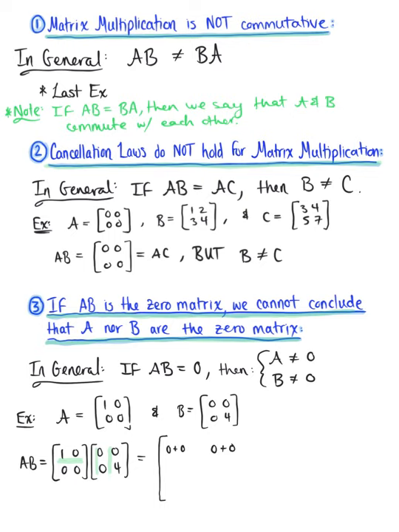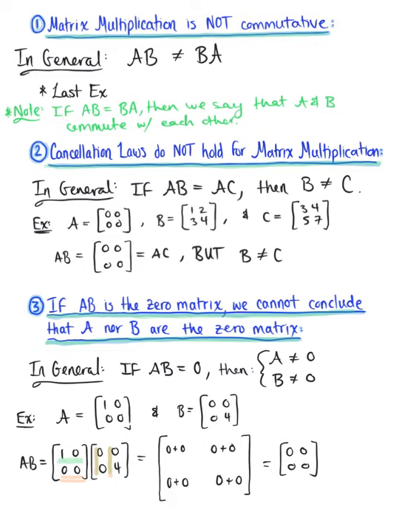Now we move to the second row of matrix A. So the second row of A times the first column of B is 0 times 0 is 0, plus 0 times 0 is 0. Then we have the second row of A multiplied by the second column of B. So 0 times 0 is 0, plus 0 times 4 is 0. And look at this, we're left here with the zero matrix.